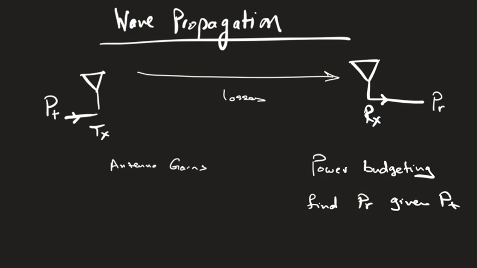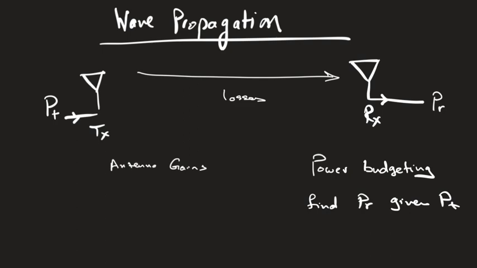Why do we need to do this? Because typically for communication systems to work successfully, there is a minimum threshold on this received power. We will learn later on where this threshold comes from. And if your received power is less than that threshold, which depends on the receiver design, your receiver will not be able to detect any signal, no matter what you do. Put amplifiers, put filters, do whatever.